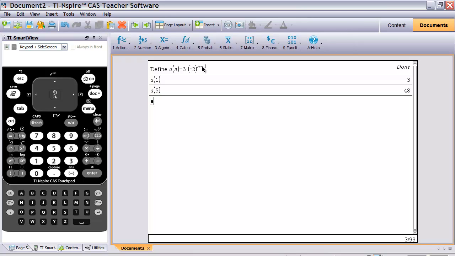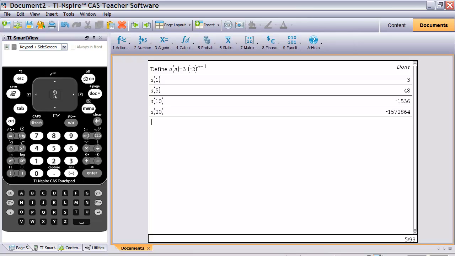I can then go a sub 10, which is negative 1,536. Then we want to find a sub 20 and a sub 25, and that would represent those 5 different values. So obviously when you start raising something to larger and larger powers, that number gets big very, very quickly.